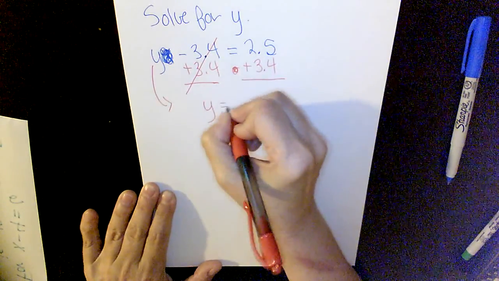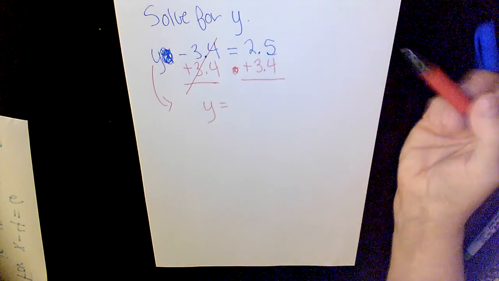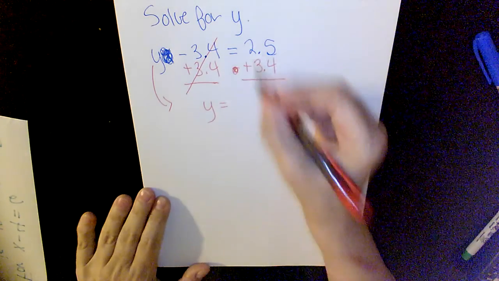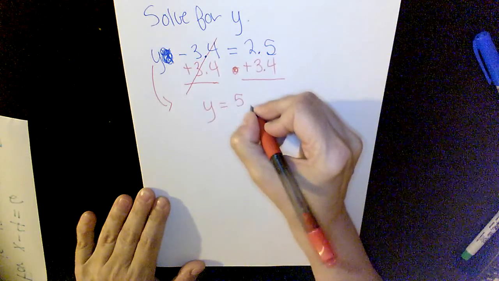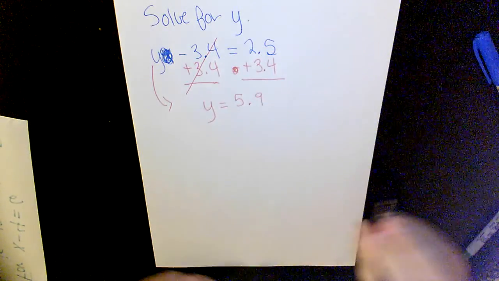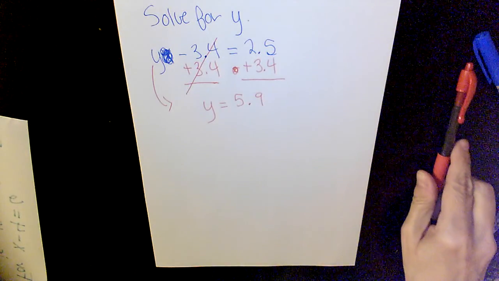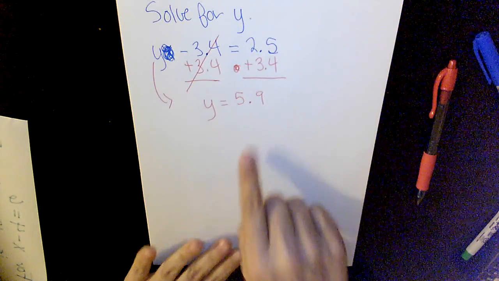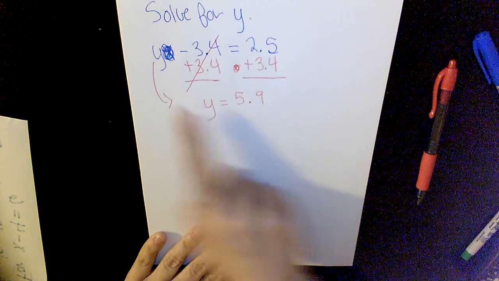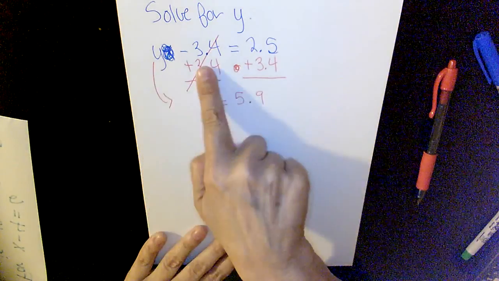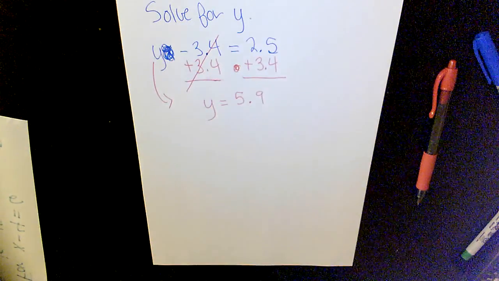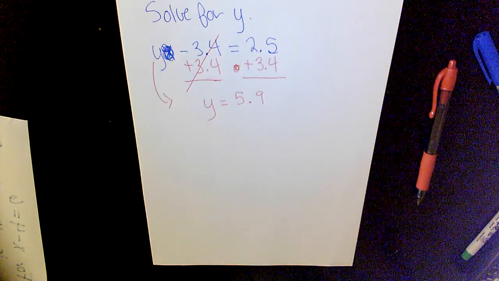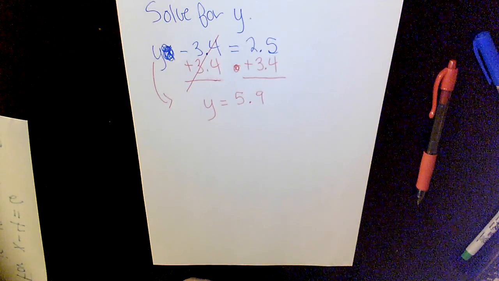My y comes down. I'm going to add these two together. So what would my solution be? I am getting, and I hope you are too, 5.9. So y equals 5.9. If you want to check it, you can pause and plug in 5.9 for y, subtract 3.4, and see if you get 2.5. And if both sides equal 2.5, you know you are right.